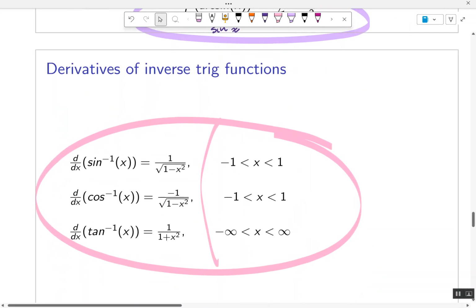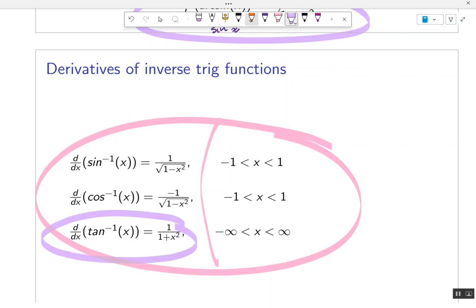So for sine, we have 1 over square root of 1 minus x squared. Cosine is the same except negative. Tangent is a little bit different. And tangent here is definitely the most important one because you're going to use this tool a lot in Calc 2. Tangent inverse derivative is very important.